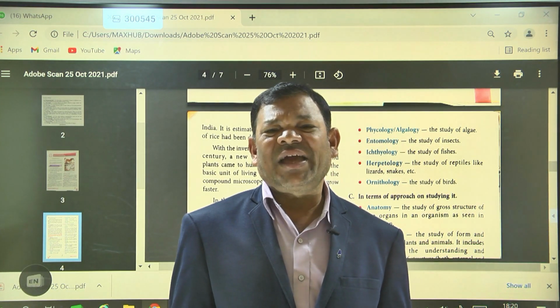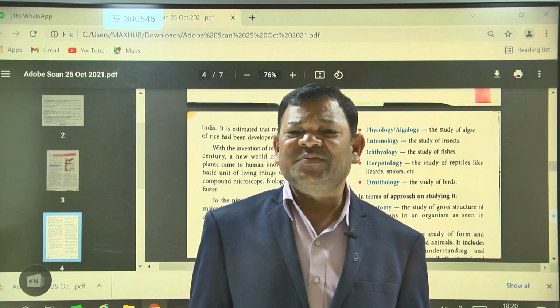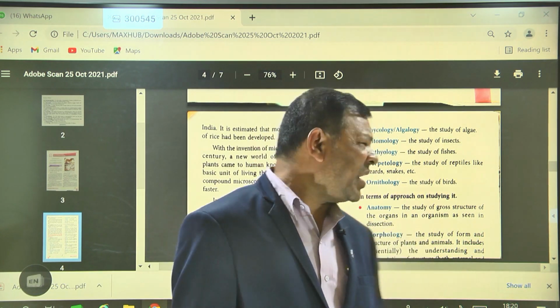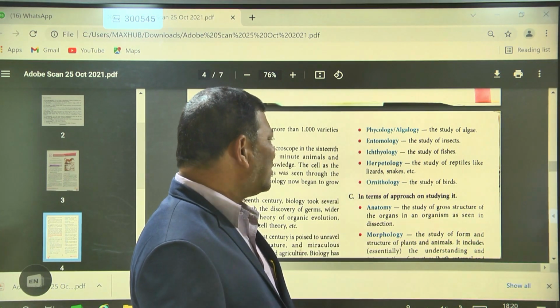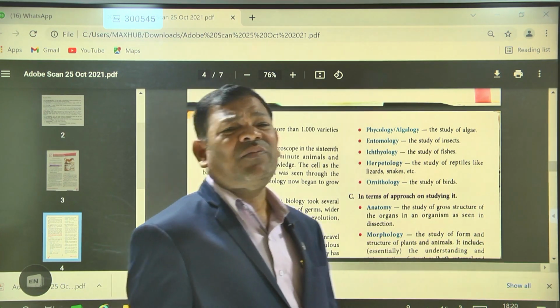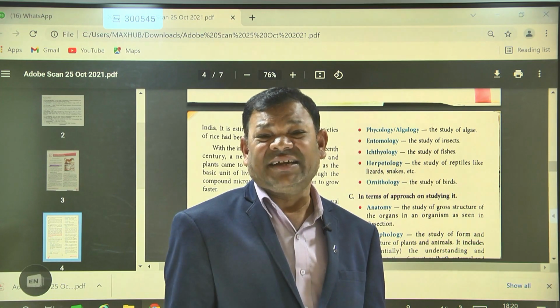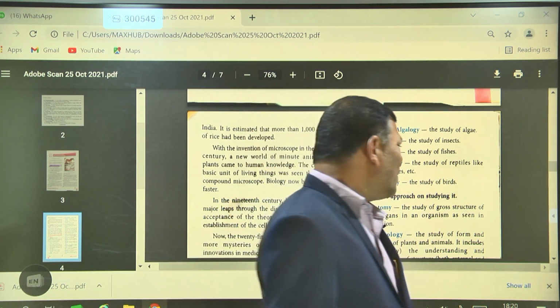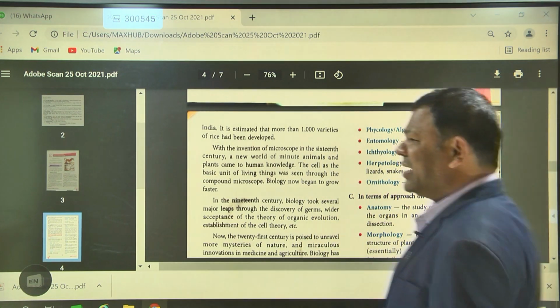Hen is oviparous. These organisms are examples of oviparous. Study of the birds is called ornithology. Birds are mostly warm-blooded animals. Complete four-chamber heart is present. So this is about the second category.